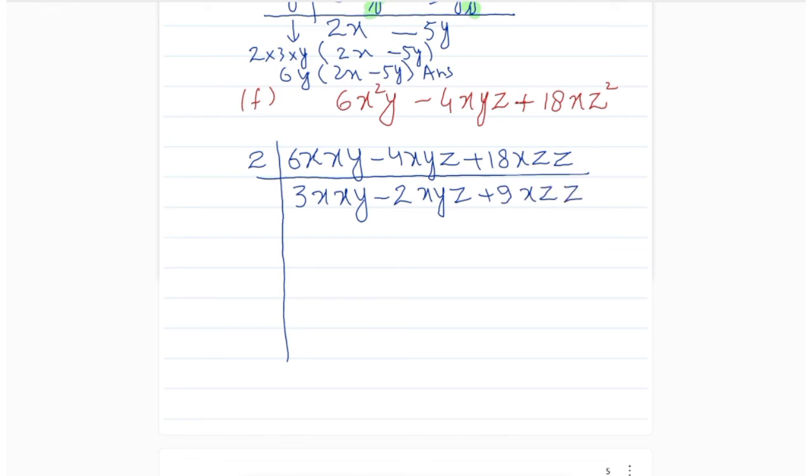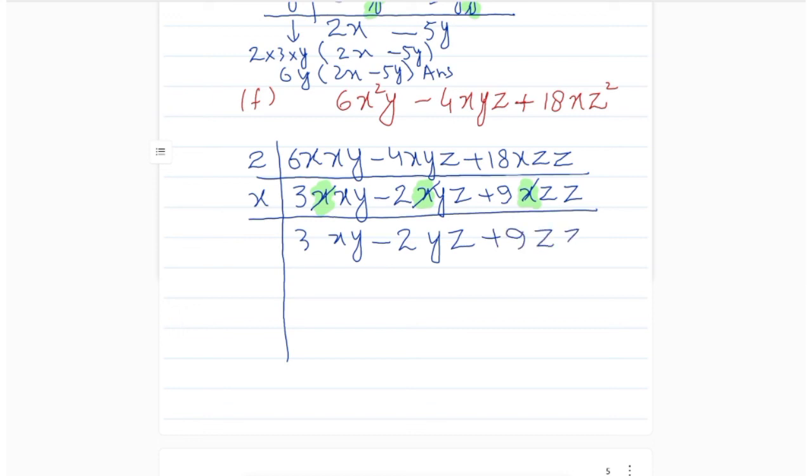Now no more common number is divisible, but there is a common variable. So we'll be looking at what the common variable is. You can see here x is common in all of the terms. So that's why we'll be taking x as common and then dividing. So this x cancels, we have 3xy. And in the second term, x cancels, so we get negative 2yz. And in the third term, x cancels, we get plus 9zz.